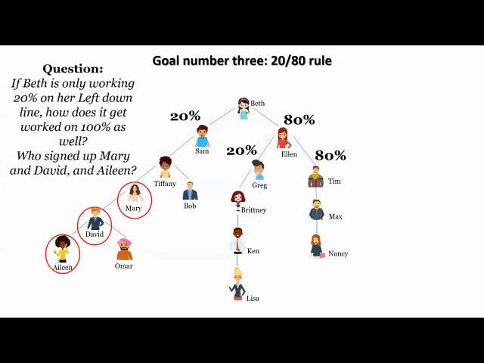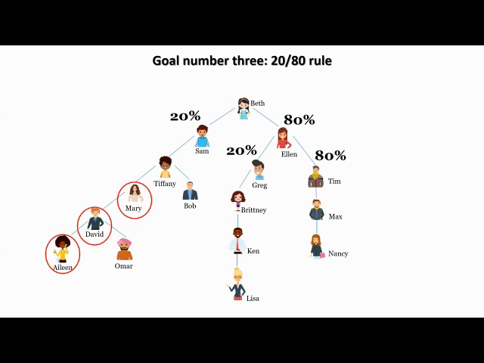Now, if Beth is only working 20% on her left downline, how does it get to 100%? And who signed up Mary, David, and Ellen? Beth doesn't know. Well, ladies and gentlemen, I'd like to introduce you to Shantae. That is Beth's sponsor.